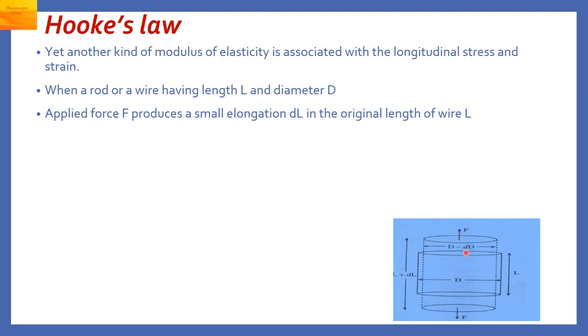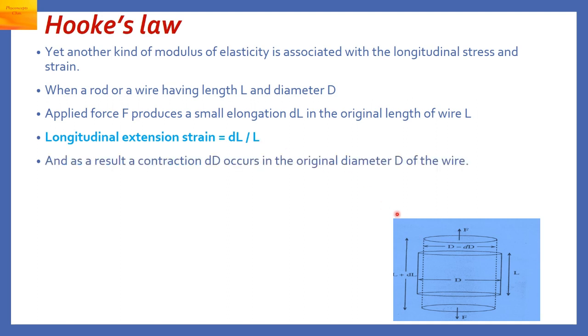So, we are applying this force F, we are stretching the rod, so that will change the length of the wire. Capital L is the original length, now it has changed to L plus dl. So, we will write down the longitudinal extension strain, that is again the change in length upon the original length, so that will be dl upon L.